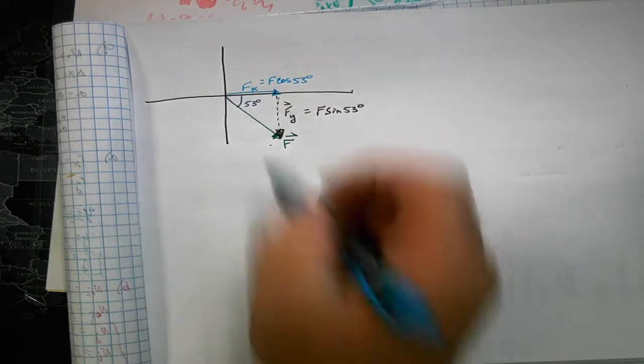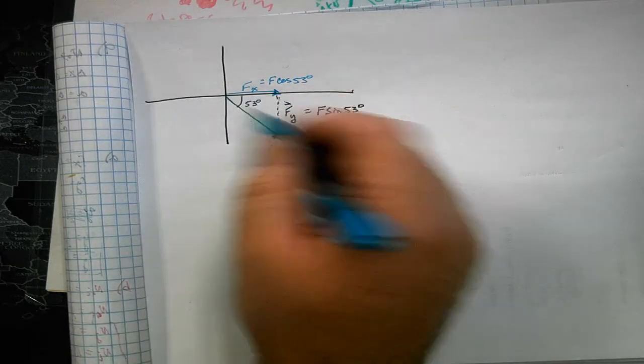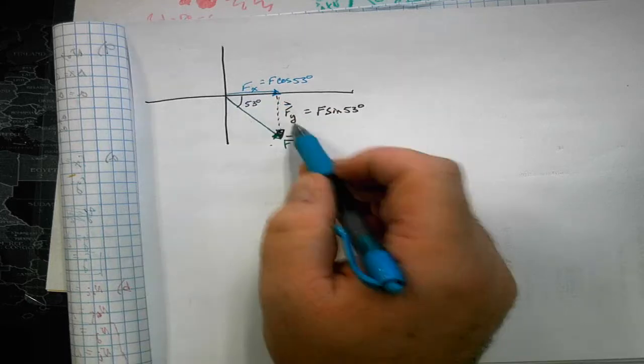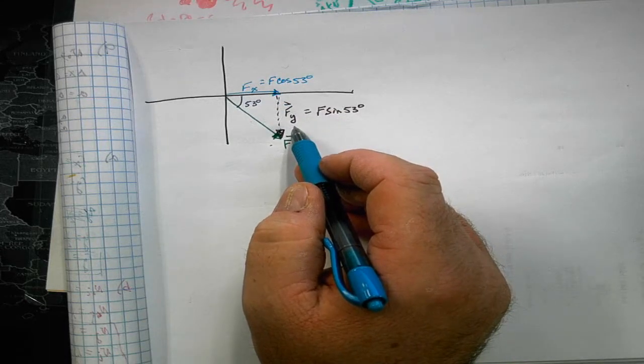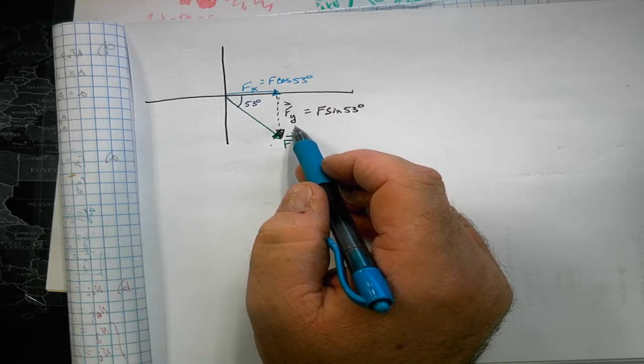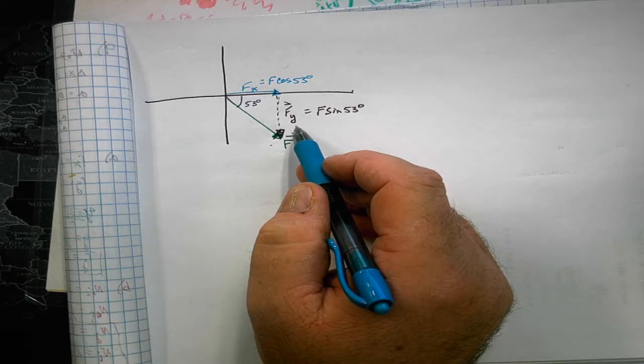And so we can take our force with a particular direction and divide it up into component parts, into an x direction and a y direction. Okay. That is where we are right now with our addition of vectors. Okay?